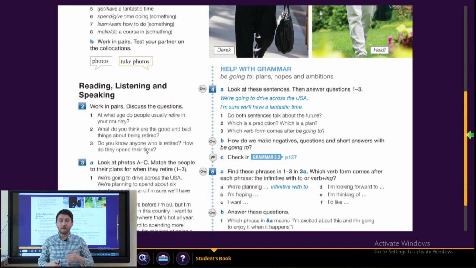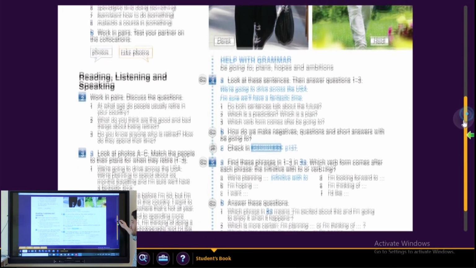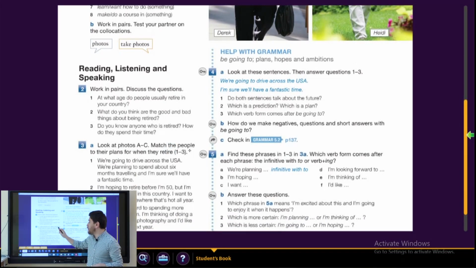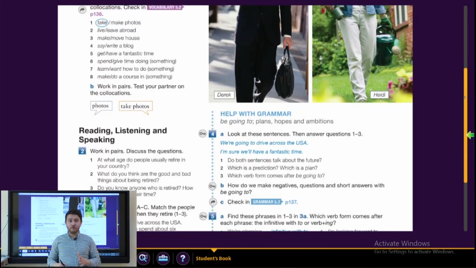If there is anyone retired, how do they spend their time? Look at 3 and look at photos A to C and match the people to their plans for when they retire, 1 to 3. In 1 to 3, they talk about their plans, hopes, and ambitions when they retire.